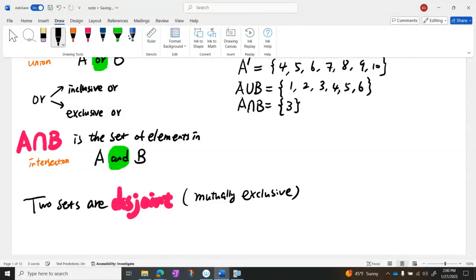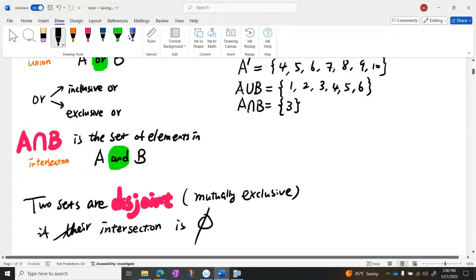Just a different name. It means the same thing. We say two sets are disjoint if their intersection, we just learned what intersection is, right? If their intersection is the empty set. Okay? That's the definition for disjoint.